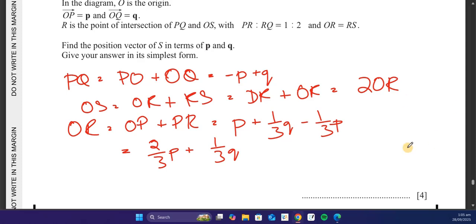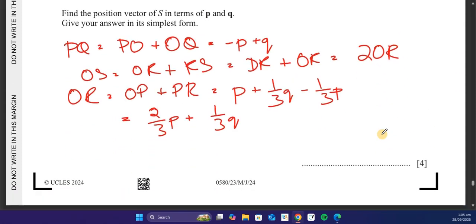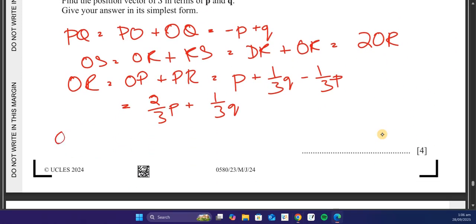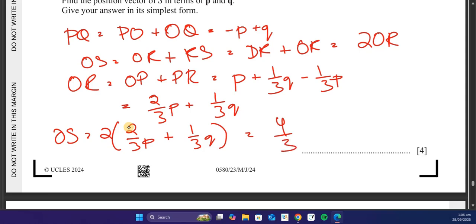Now moving forward, OS, just insert the values. If we do so, we get 2 multiplied by (2 over 3 p plus 1 over 3 q), which should give us a final answer of 4 over 3 p plus 2 over 3 q. Let me check. Yep.